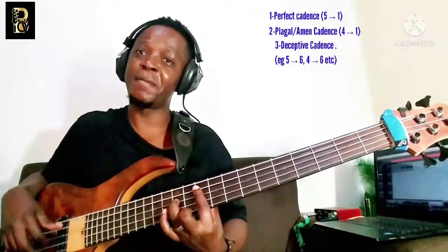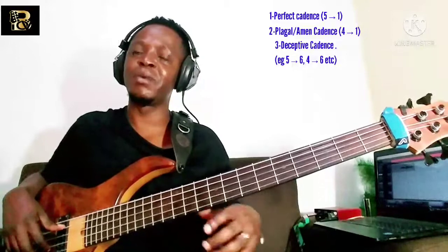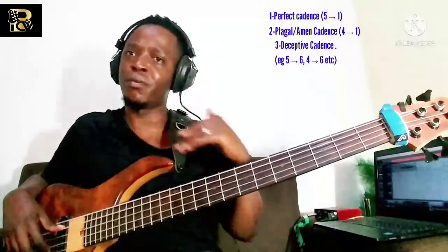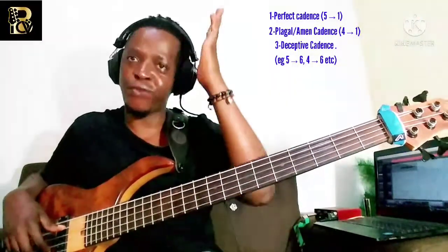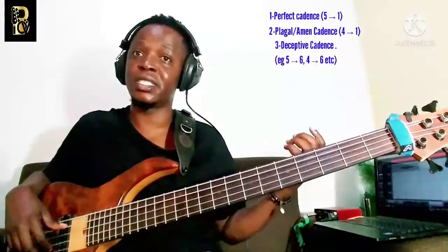So that's the amen cadence, plagal cadence. It's common. Plagal cadence simply means 4, wherever you play, but the last chord is a 4 resolving to a 1. That's plagal cadence. That's all.